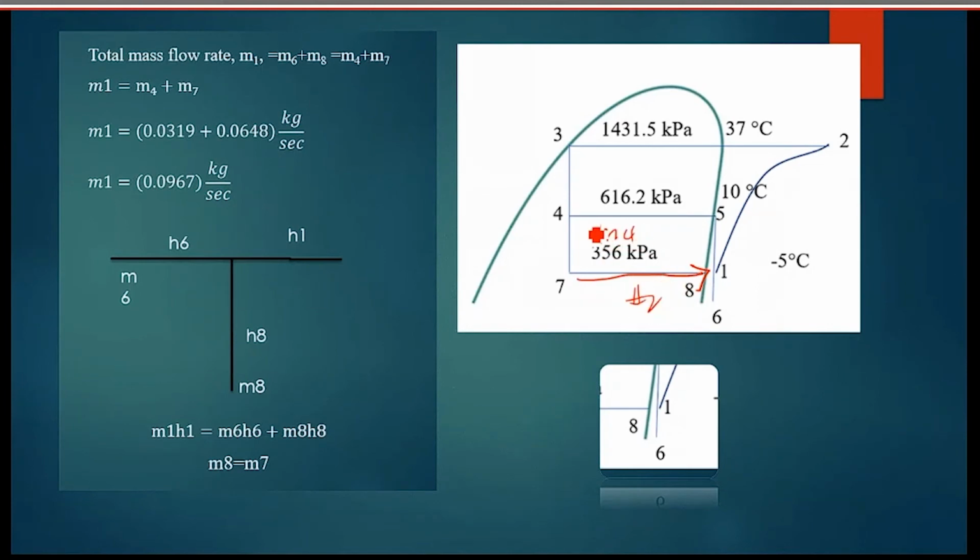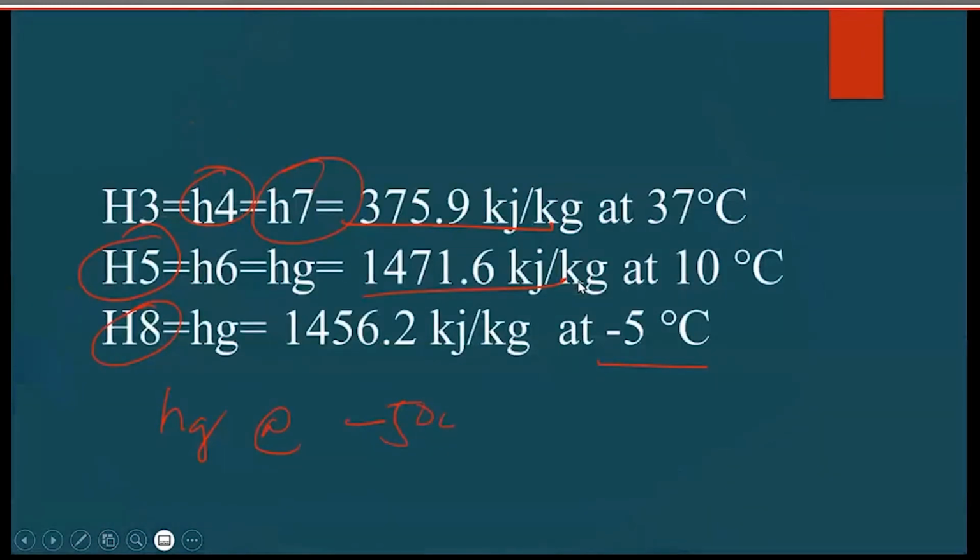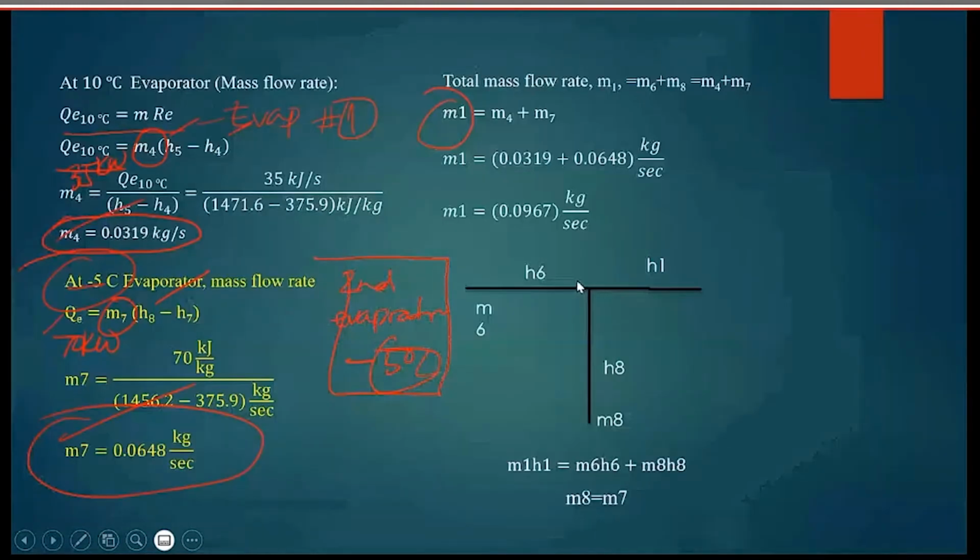And then M4 is at evaporator number 1. When you reach the end of the evaporator, it will go to the compressor, according to our problem. Let me just illustrate.